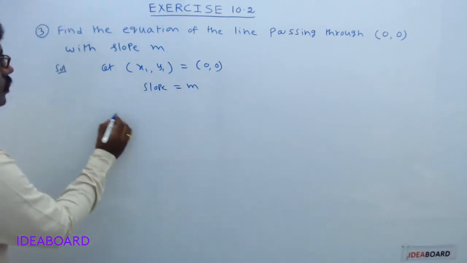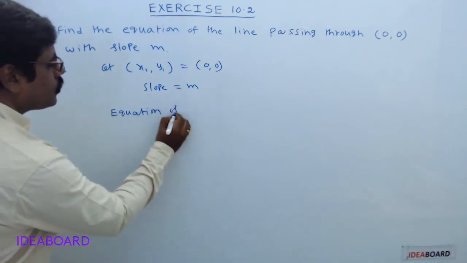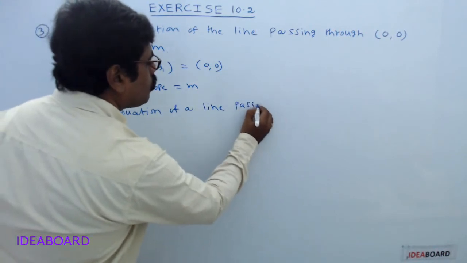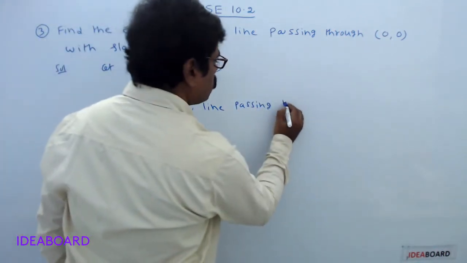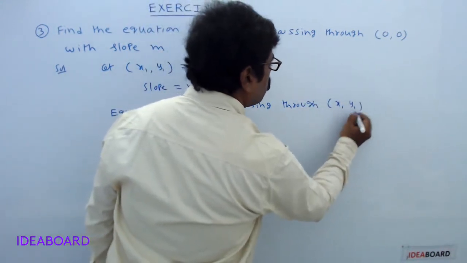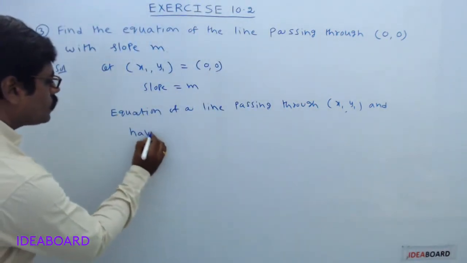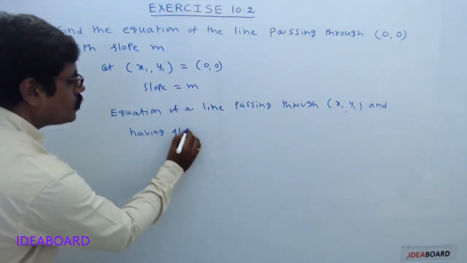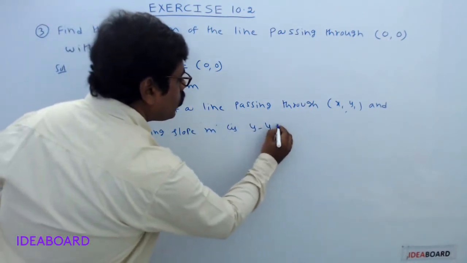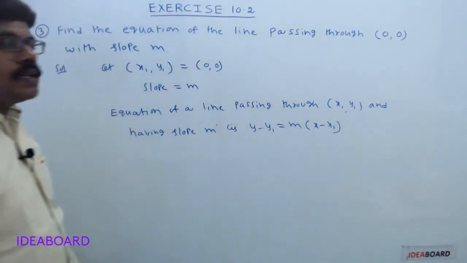So therefore equation of a straight line passing through the point x1, y1 and having slope m is y minus y1 equals to m into x minus x1.